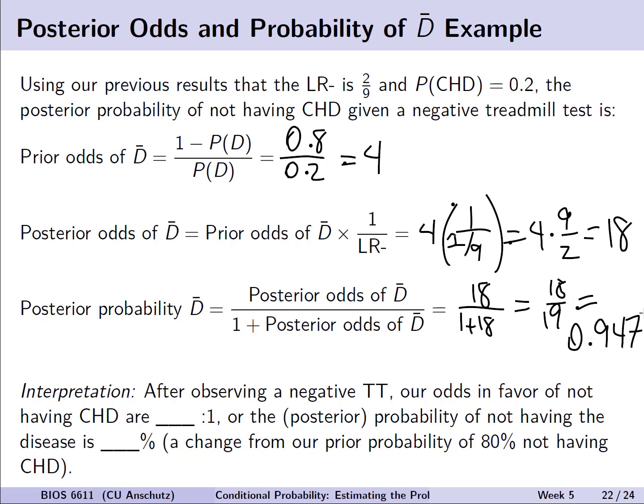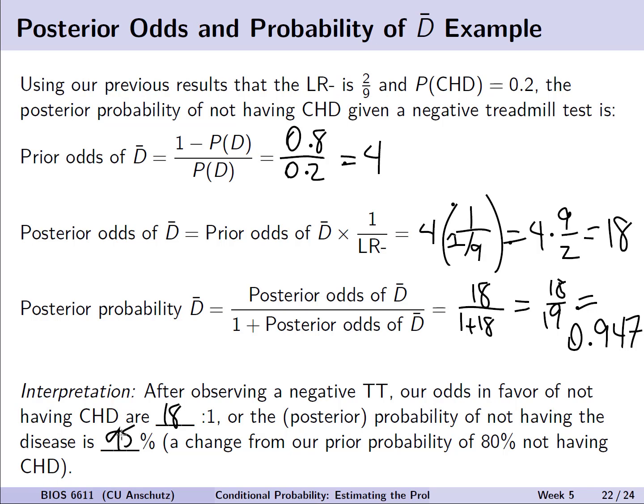In other words, in the interpretation of our problem, after observing a negative treadmill test result, our odds in favor of not having coronary heart disease are going to be 18 to 1. Or again, in a more interpretable way, the posterior probability of not having the disease is going to be approximately 95%, which represents the change from our prior probability of 80% of not having coronary heart disease.